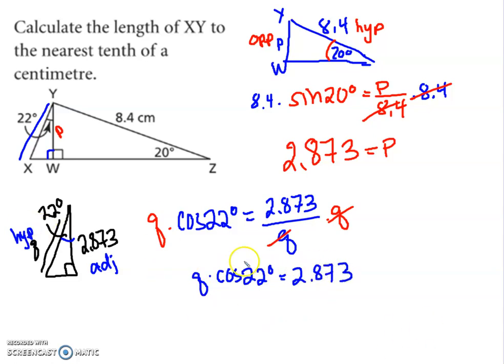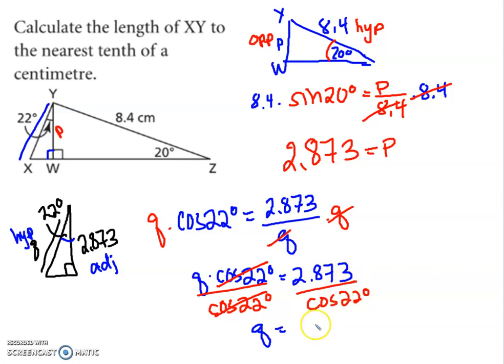And to find Q, I'm going to have to divide both sides by the cosine of 22 degrees. So these will cancel. So Q is going to be 2.873 divided by the cosine of 22 degrees. When I plug that in, it gives me 3.098, but it says to the nearest tenth, so I'm going to go 3.1, and the units are centimeters.